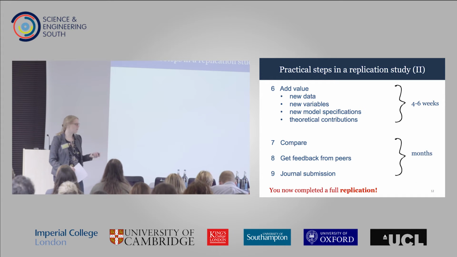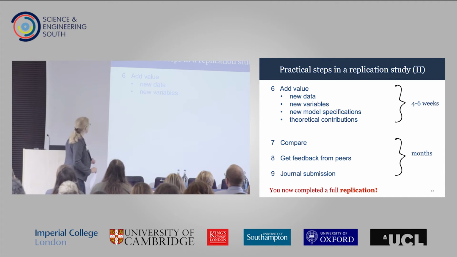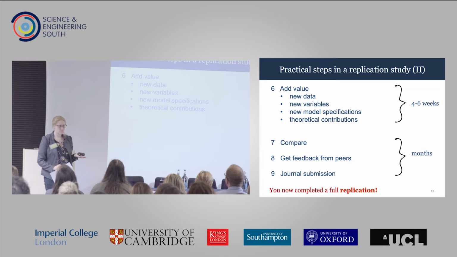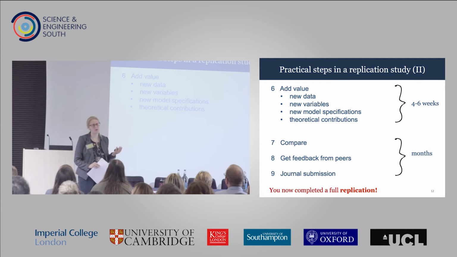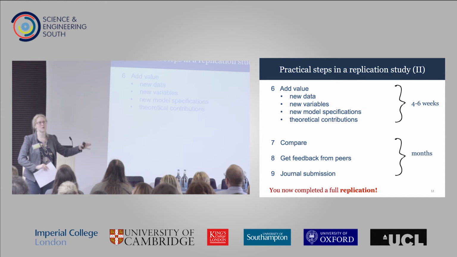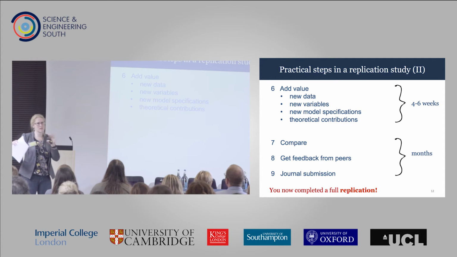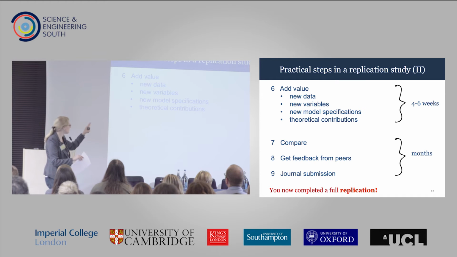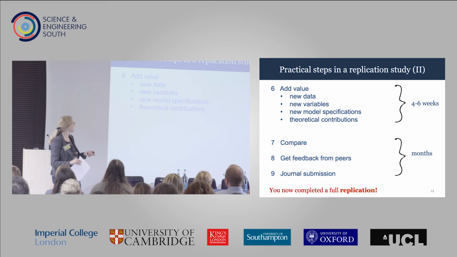For a replication, a full replication, you can then add value in certain ways: collect new data, new variables, different model specifications. You can also make a theoretical contribution. Someone in my class replicated the paper, but then he actually published a theoretical paper saying that the whole approach of the paper was misguided. He decided he didn't want to go down the statistical route, but when he really closely looked at how the theory aligned with the data and everything, he wrote a theoretical paper.